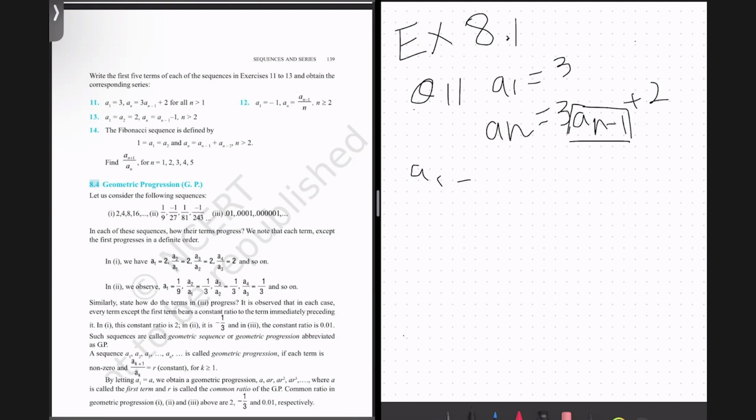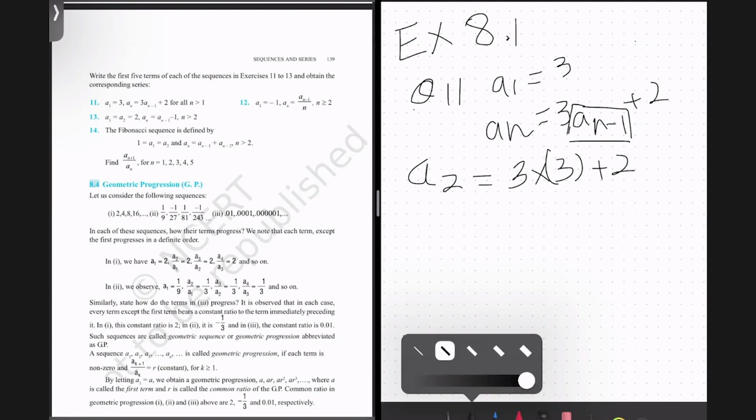So for the first term, we have A1 equal to 3. This has already been given to us. We need to find the next 4 terms, right? So A of 2 would equate 3 into 3 because that would signify the first term, right? Plus 2, right? So A of n minus 1 would be A of 1.